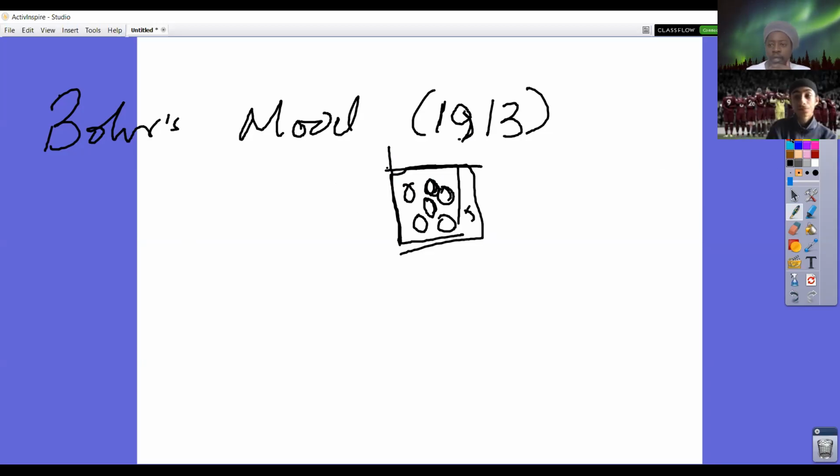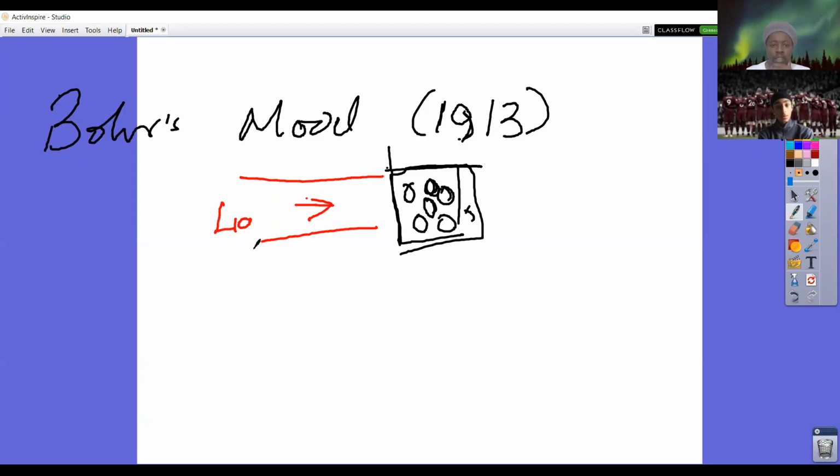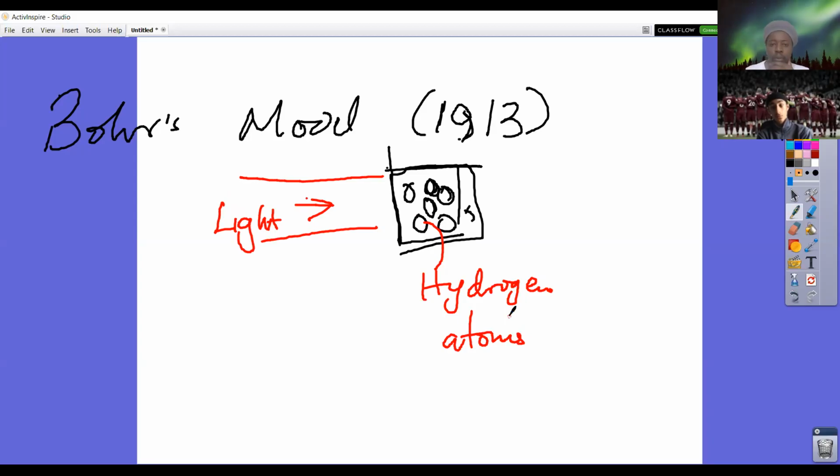And you shine some light. So light, and these are hydrogen atoms or molecules, whichever way you want to look at it. Okay. What happens? What emerges out of this? So this is, by the way, white light. White light, to be specific.